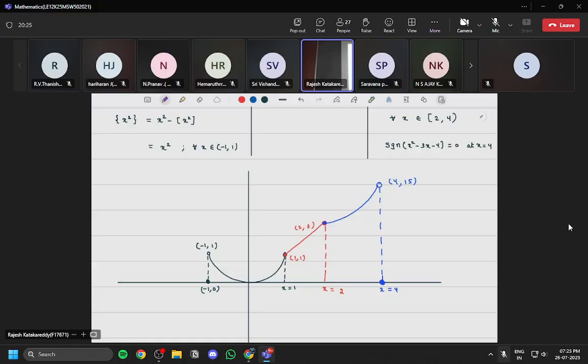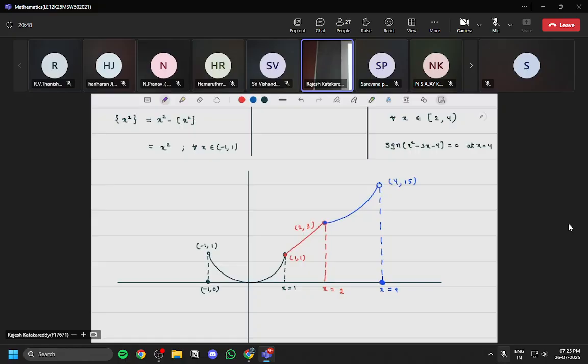Here, initially it is at 0 and it jumped. Now, at 0 there is no jump. At 1 there is no jump, it is continuous. At 3 there is no jump. But at 4 there is a jump. So how many discontinuous points? 2, right? So 2 discontinuous points.